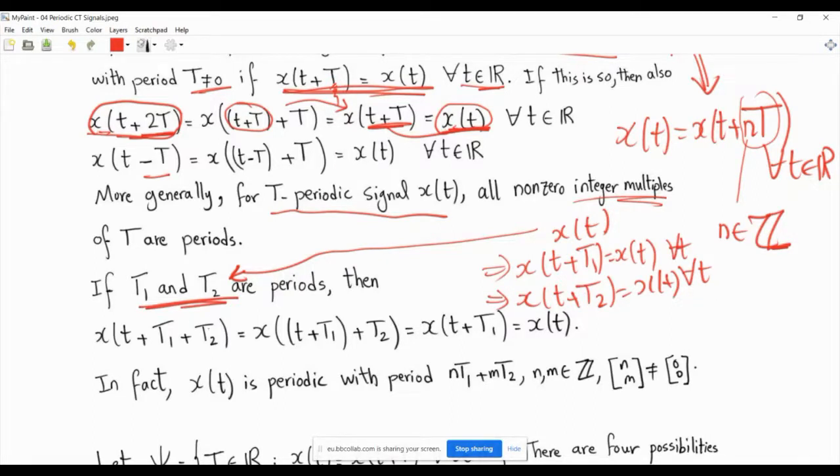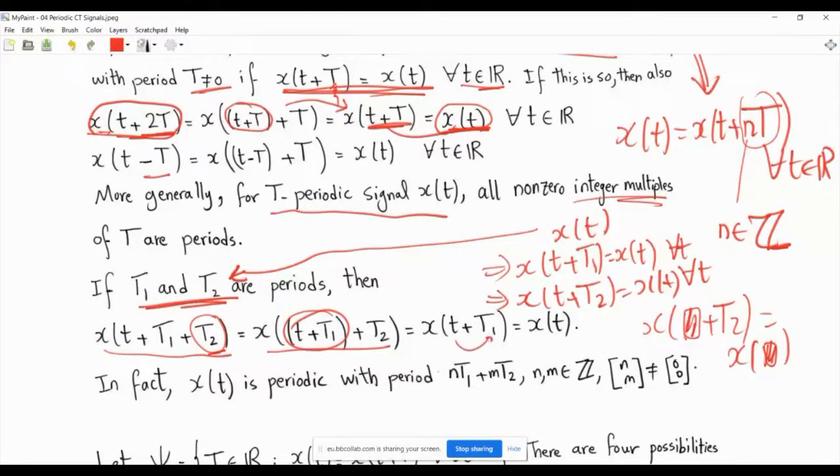And you can check this, right? If you do the check by taking T1 plus T2, so x of t plus T1 plus T2. Remember that T2 is a period. T2 is a period means what? X of something plus T2 is equal to x of this thing, because T2 is a period. So this quantity here is equal to x of this thing here, which is t plus T1.